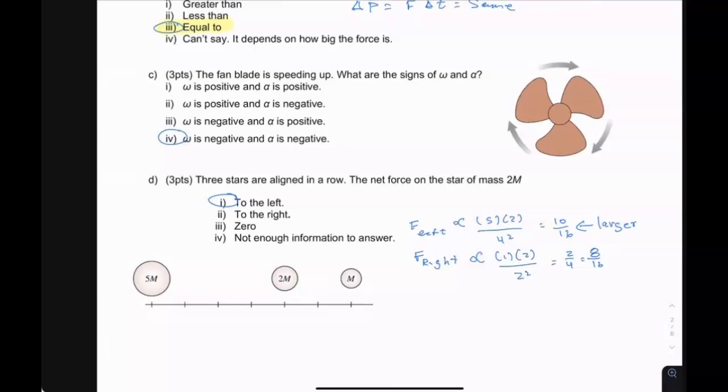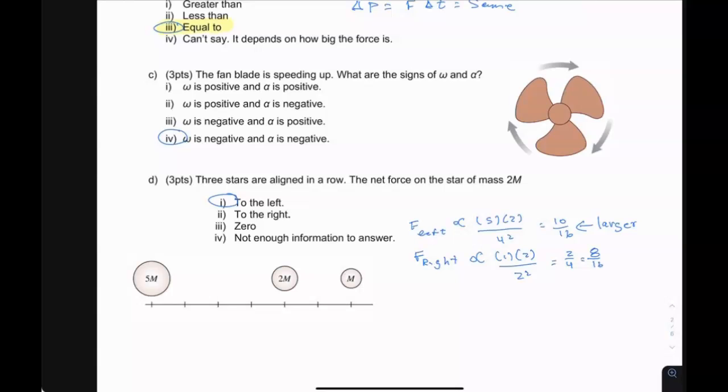In Part C, the fan blade is speeding up. What are the signs of omega and alpha? Well, the sign of omega is negative because the sense of the rotation is clockwise.